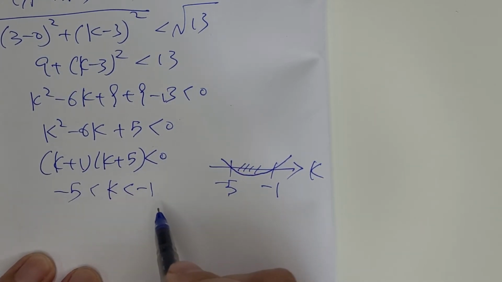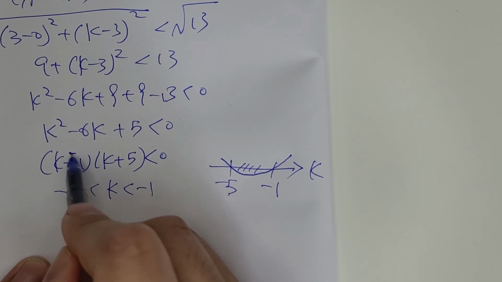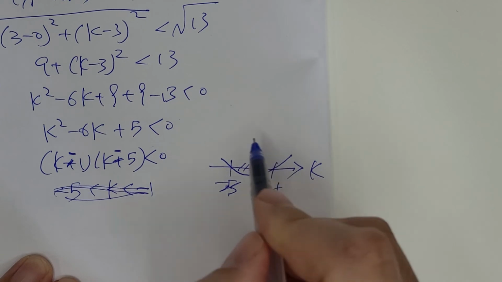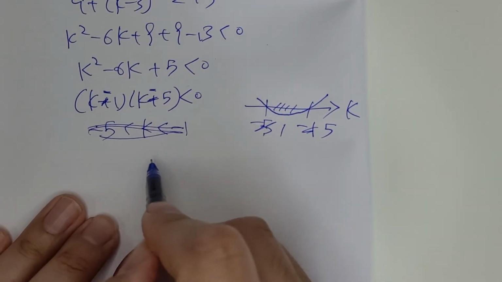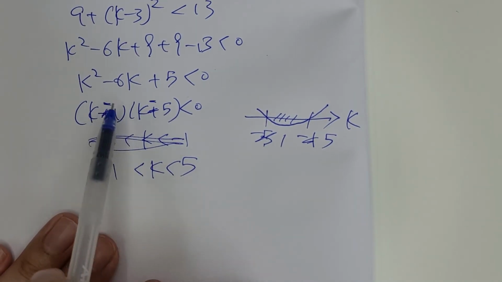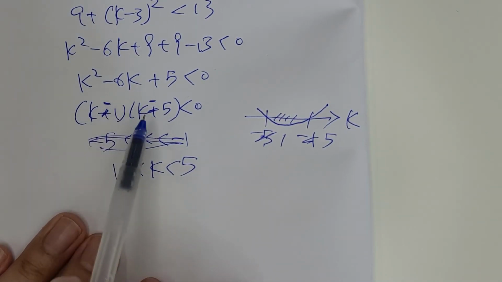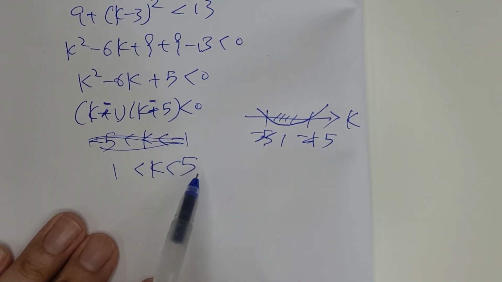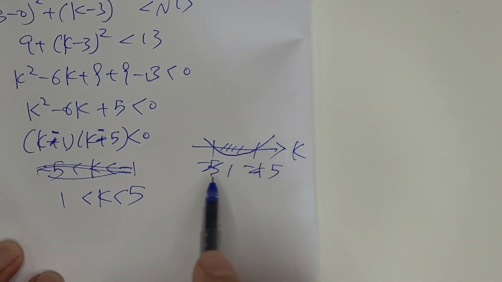Okay. Oh, sorry, it should be positive. It should be minus here. Sorry, my mistake. It should be k lie between +1 and 5. Okay, that's my fault. I repeat. That should be (k minus 1)(k minus 5) less than 0. So k lie between +5 and +1. The graph should be like this.